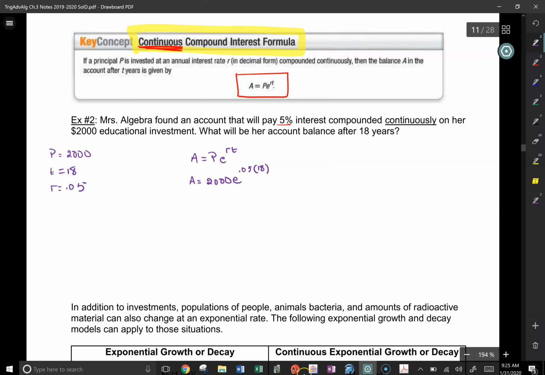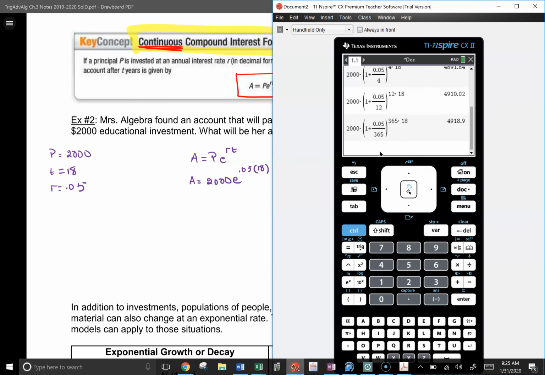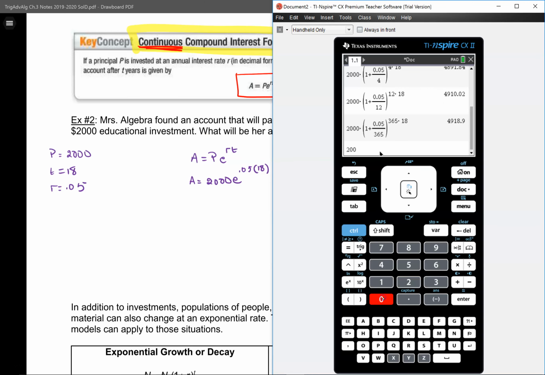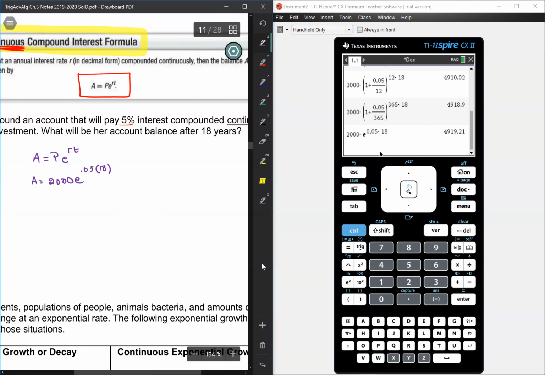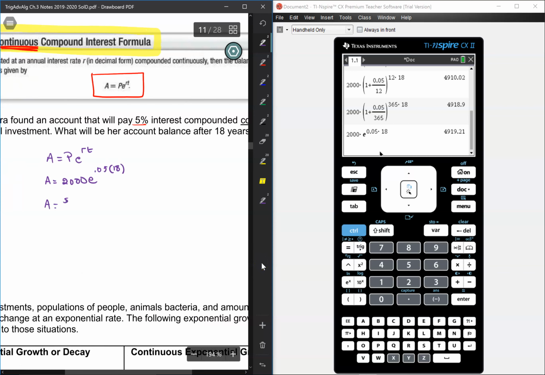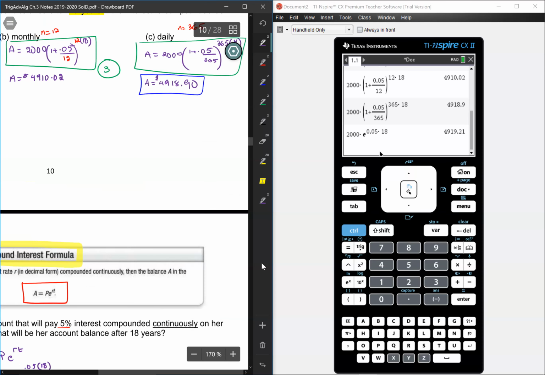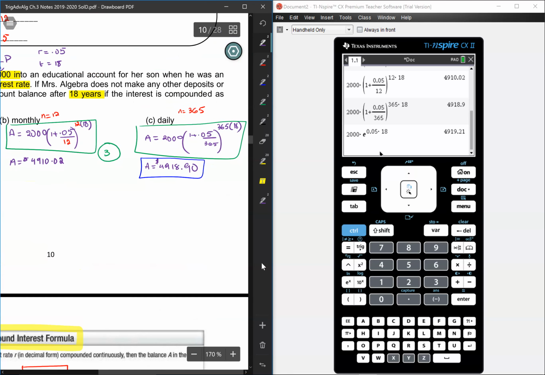Let's plug that in. 2,000 e to the power of 0.05 times 18. Oh my God, a whopping 4,919 and 21 cents.